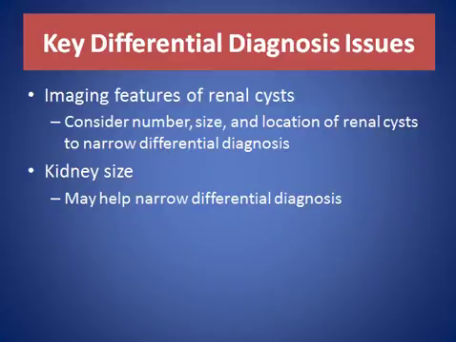Key differential diagnosis issues. Imaging features of renal cyst: consider the number, size, and location of renal cysts to narrow the differential diagnosis. We also look at the kidney size, which may help in narrowing the differential diagnosis.